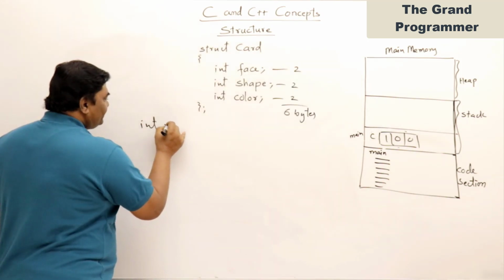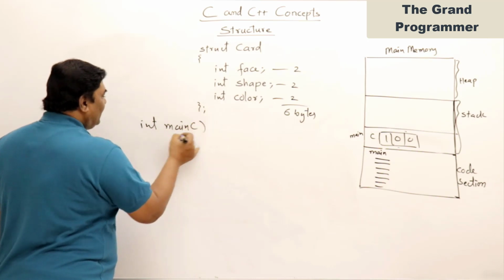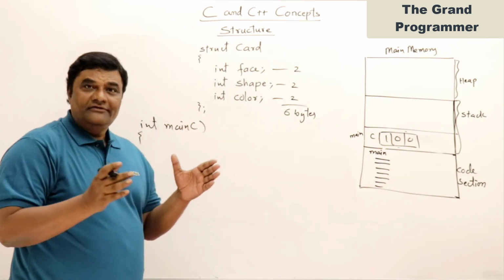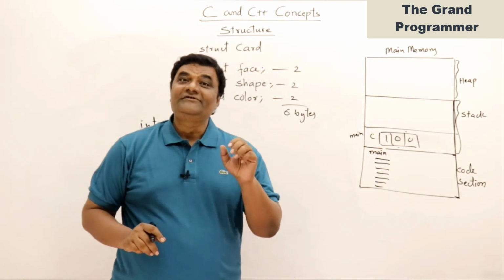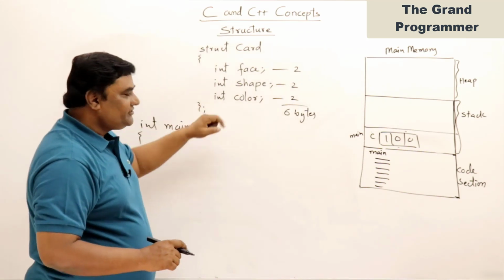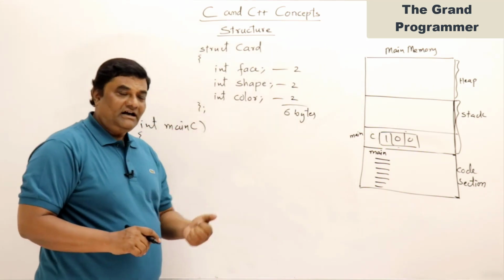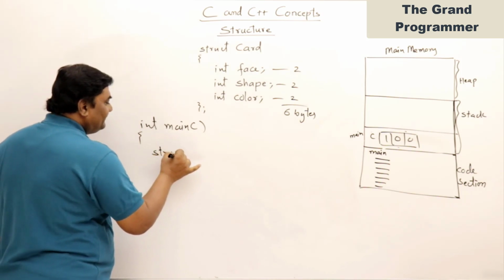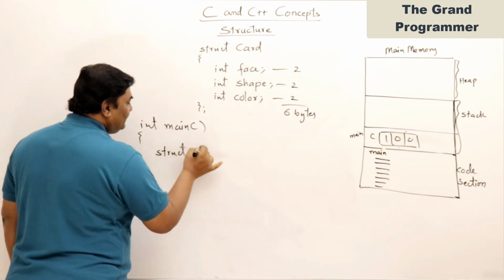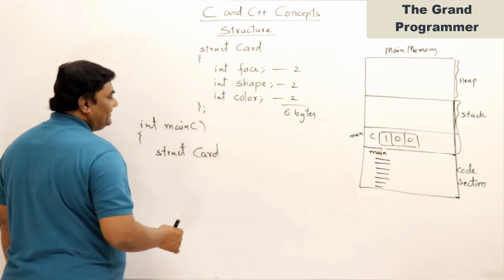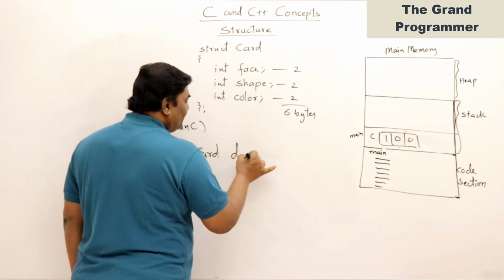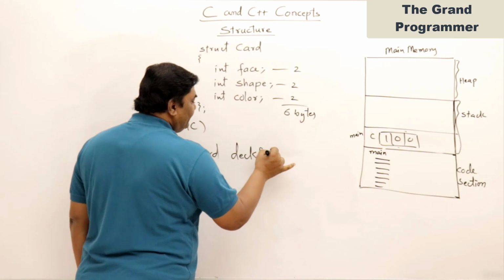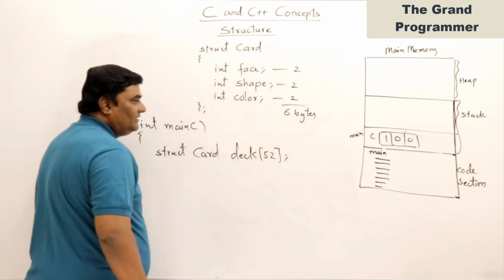Inside the main function, I want to have a deck of cards. So total there will be 52 cards. This is the definition of a card, just for one card. Likewise, I want 52 cards. So I can declare a variable struct card. This is the structure name. Now the variable name, I will call it deck of size 52.